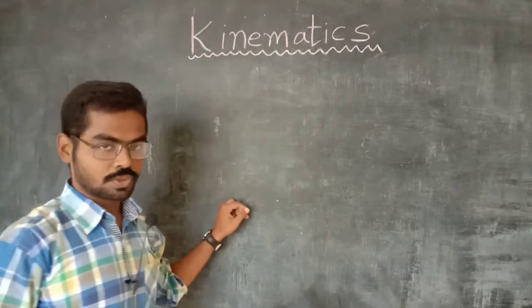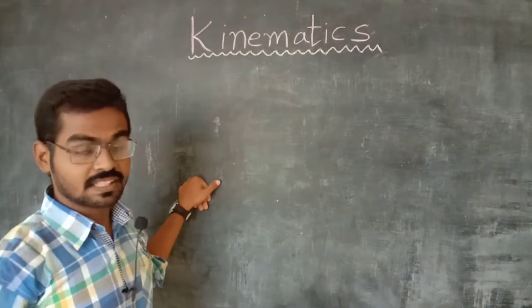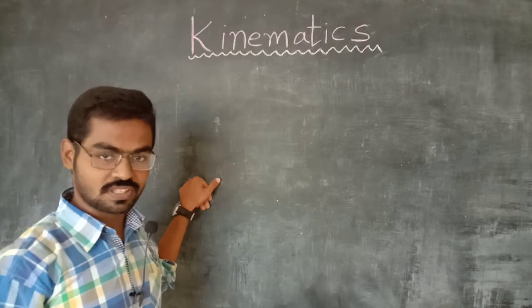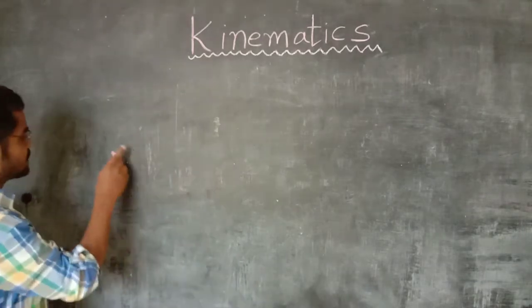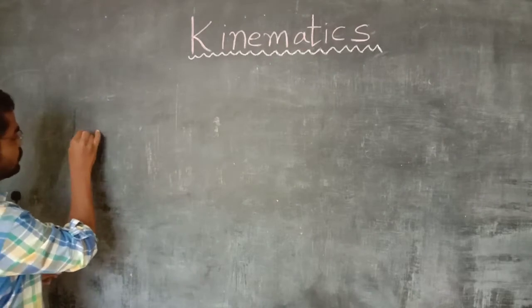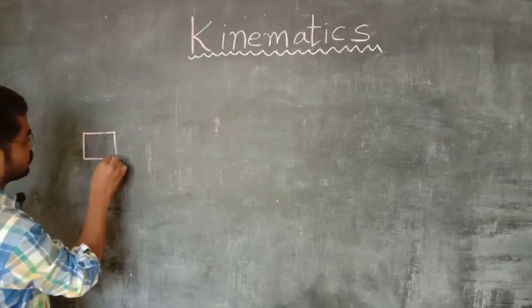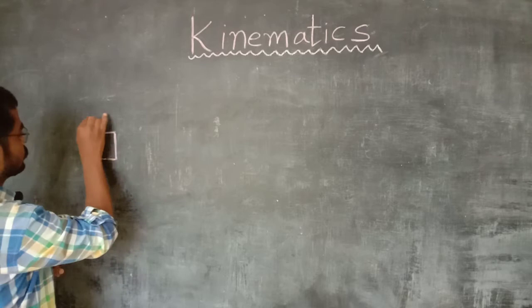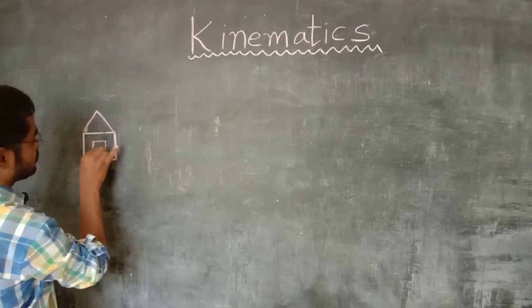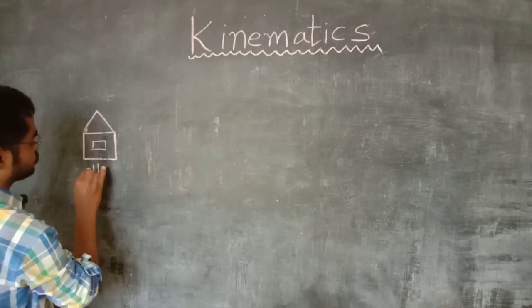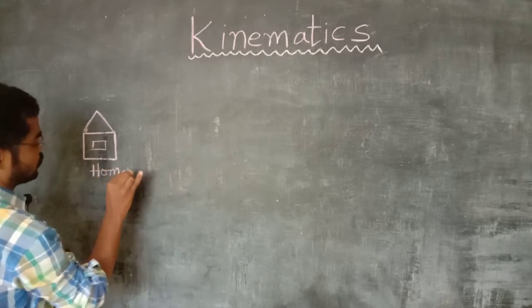Now the problem which I am going to discuss is the first problem in many of your textbooks. The problem is very simple. A person is moving from his home, this is his home, to a market.